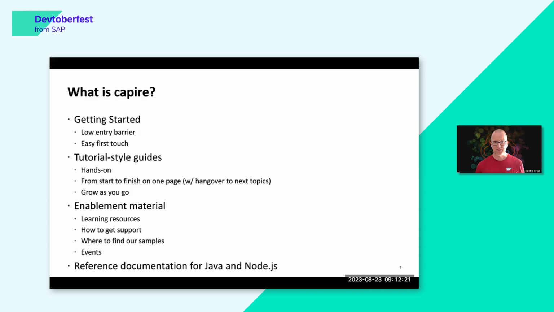Of course, enablement material can't be missed on Capire. For example, learning resources of different kinds, or samples. We have different kinds of samples for both of our runtimes, for different use cases. You'll find them all from our page. How to get support is also described. On the one hand, how to find our community page, questions and answers on the community.